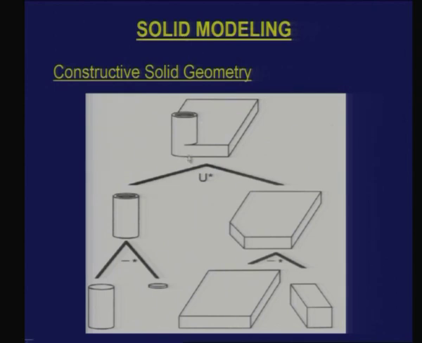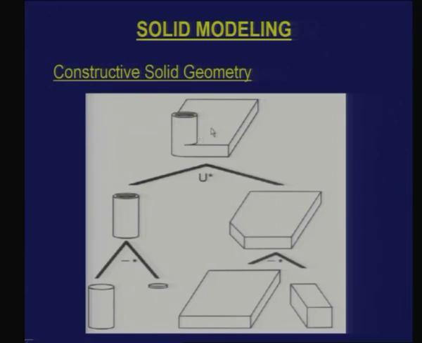If I look at this object, it has a cylindrical protrusion, and within this protrusion a certain amount of material is removed to a certain depth. It is like a blind hole, but a very shallow one.